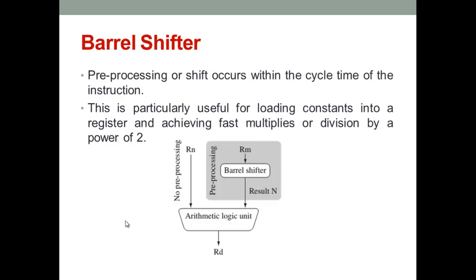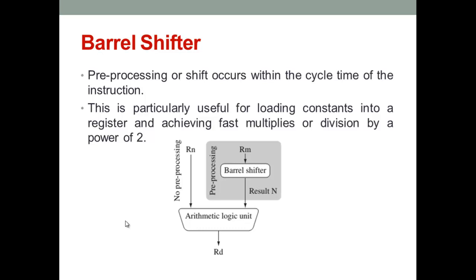The next is what we call the barrel shifter. The reason we have a barrel shifter as part of this assembly programming is that it enables what we call pre-processing. It helps me pre-process a particular register before I come into my ARM arithmetic logical unit, the ALU. That is done with the help of the barrel shifter, which does shifting operations: logical shift left, logical shift right, rotate right, and so on.